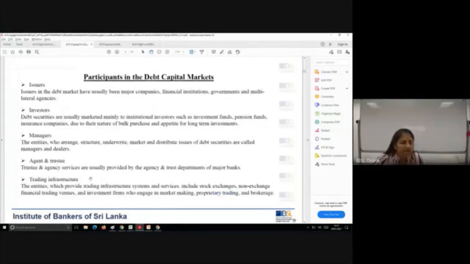Who are the participants in the debt capital market? So, very first participant is the issuer. You need to have the issuer in a debt market, which is a company, a financial institute, government, or even a multilateral agency who's going to sell a security which has a maturity period of more than 1 year.